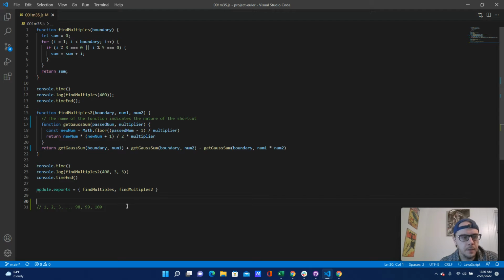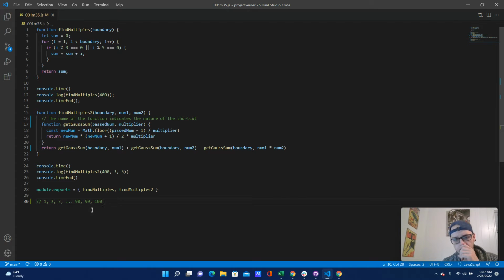Gauss was a mathematician, and he's associated with this concept of summing a series of integers from 1 to x or 1 to n very quickly. If you'll notice the series from 1 to 100, you can pair them off with 1 and 100, 99 and 2, 3 and 98, and so on and so on.